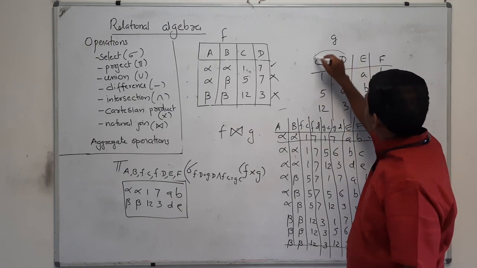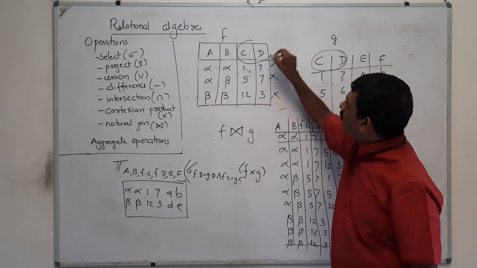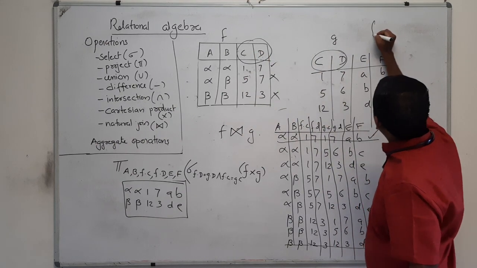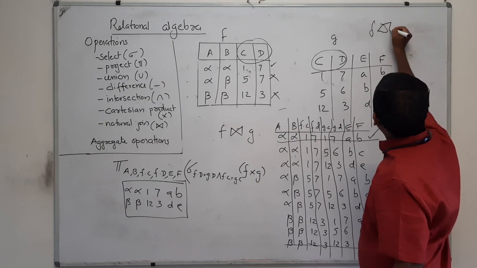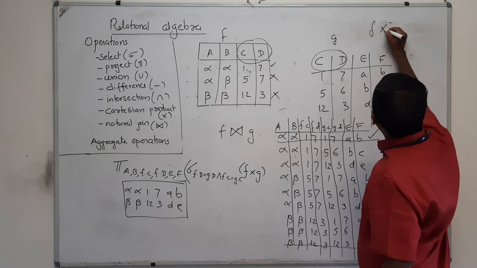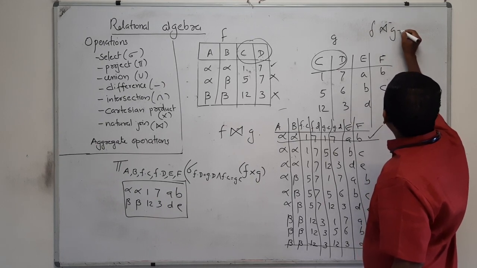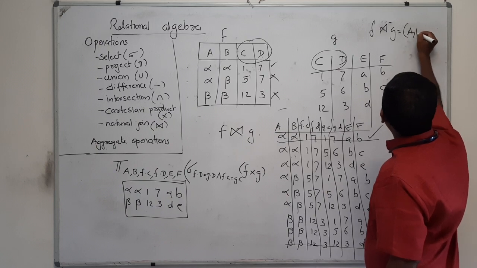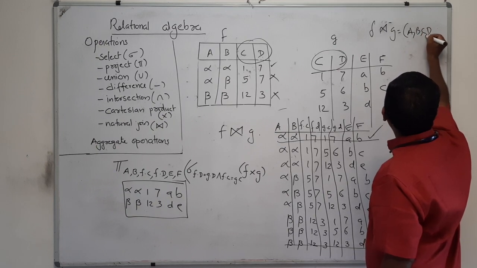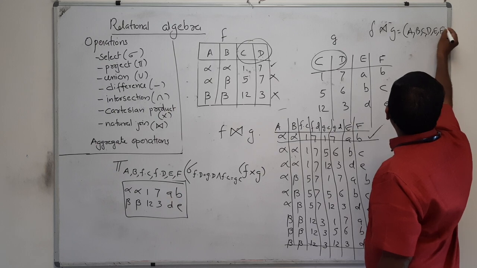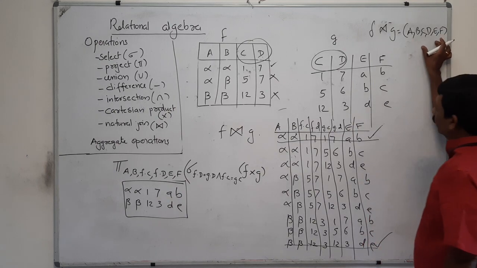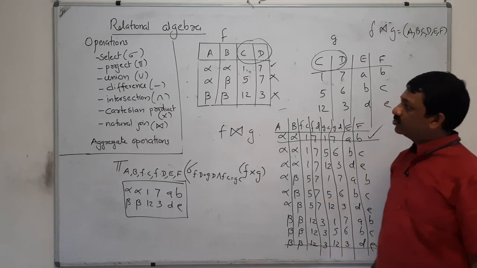So for F natural join G, you have only A, B, C, D, E, F. So a total of 6 attributes will be there.